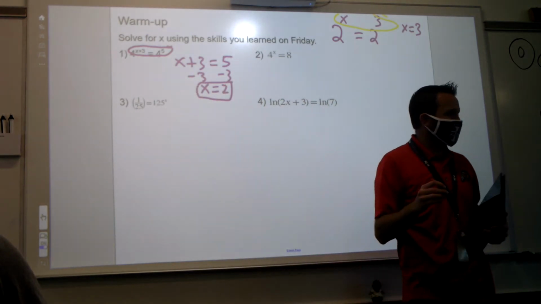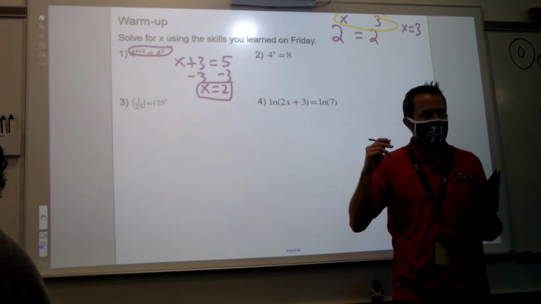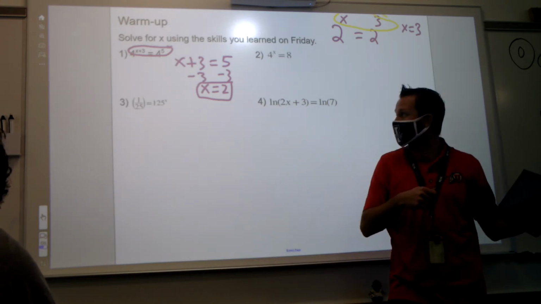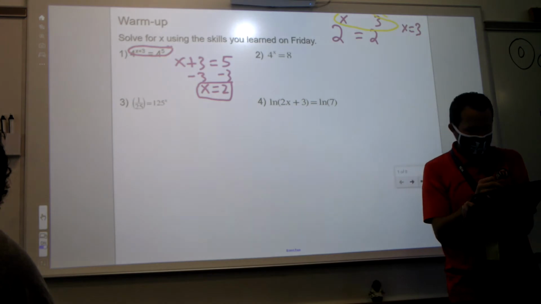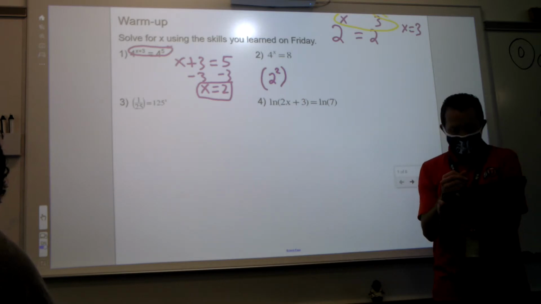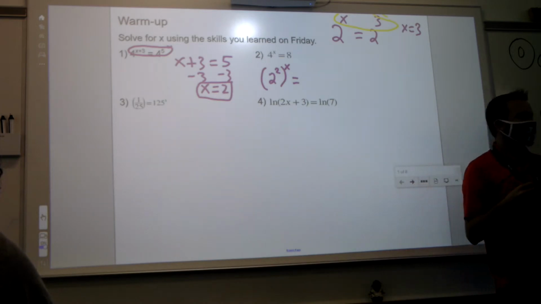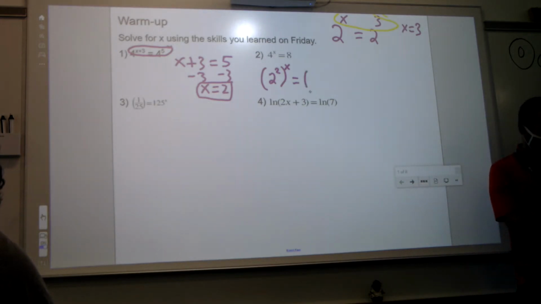So what number is there that I could raise to a power to give me 4 and raise to a power to give me 8? 2. How so? What power of 2 is 4? Good, so 2 squared is 4. So instead of 4, I'm going to write 2 squared. Now there is still this x on the outside. We'll deal with that in a second. Yeah, and then 8 is 2 to the third.